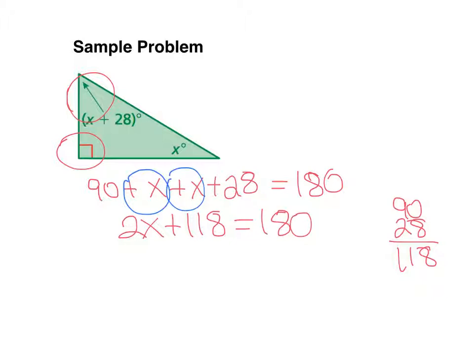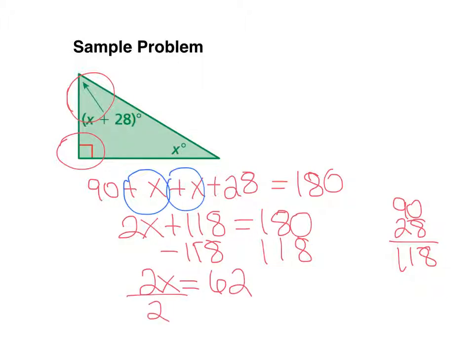Go ahead and solve the rest of this equation on your own, and then press play to check your work. Let's see how you did. To solve this, I'm going to subtract 118 from both sides. So I now have 2x is equal to 62.